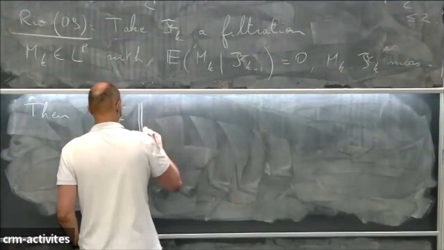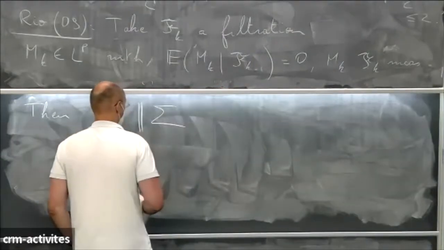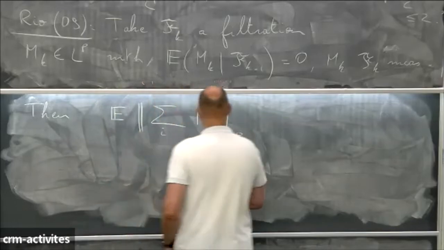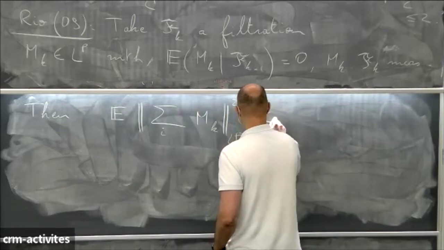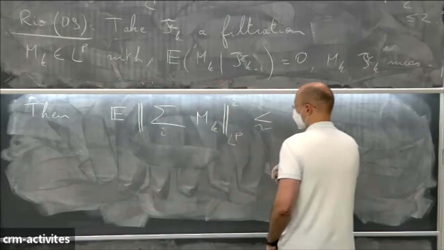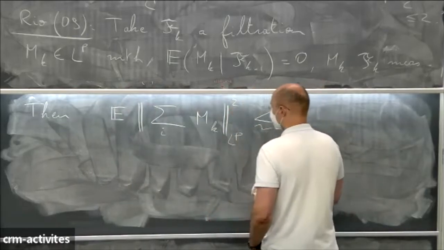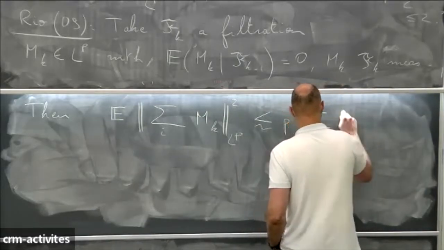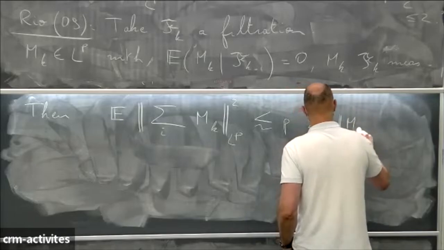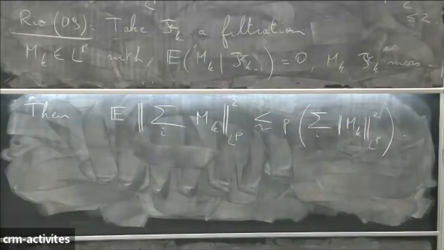So I want to control LP. And I'm going to put a square, and I'll try not to mess up the constant too much. So I'm using a P. And then I have a sum over i of Mk to the P. That's a very neat generalization, again, of the square function for functions, right?